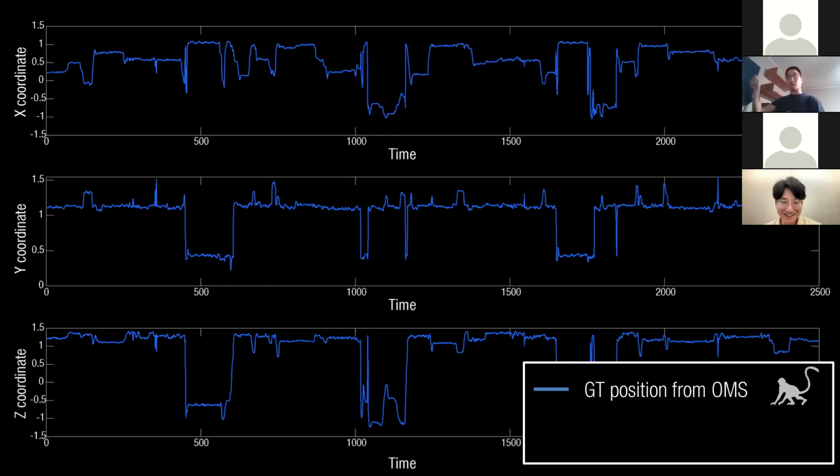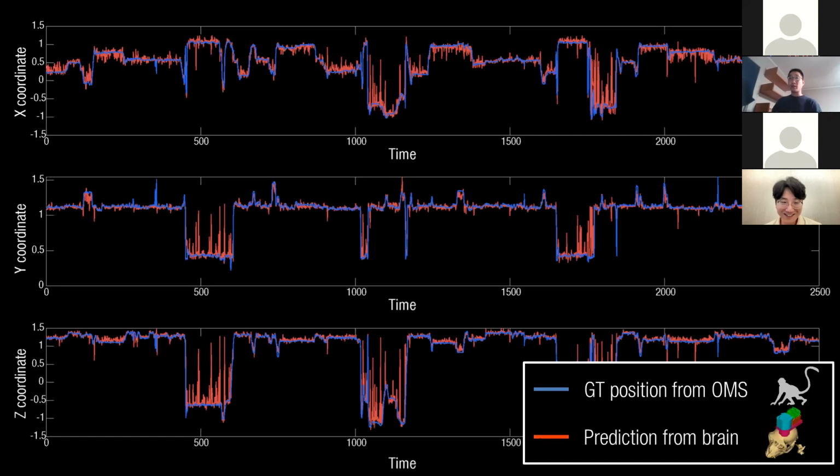So this is actually the motor activities. And here I'm showing the 3D location predicted by the brain signals. Of course, it is noisy, but you can easily see the patterns. The neural network is able to predict the 3D location using these brain signals, which means that by measuring the brain signals, we can predict where the monkey is located.